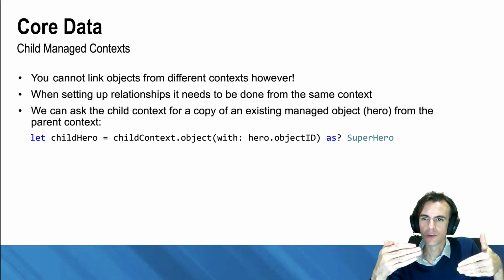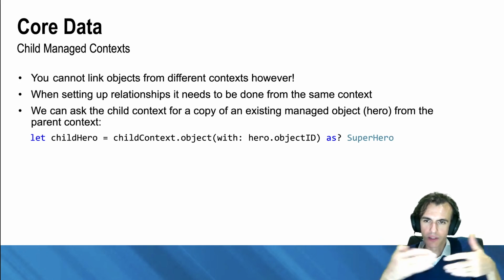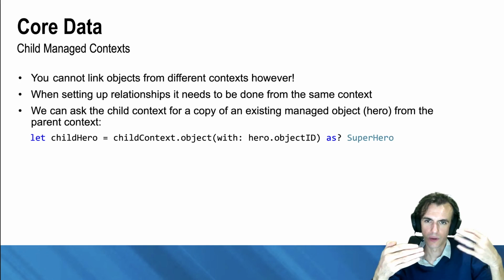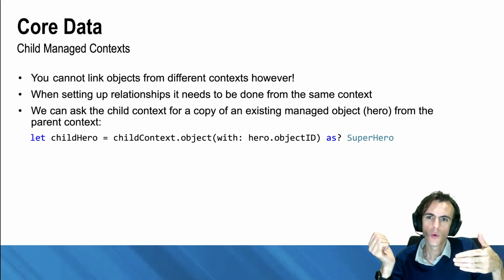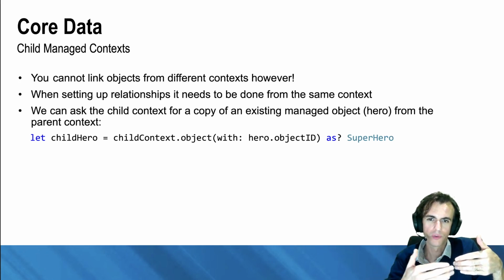What we can do is if we need to set up a relationship between two things and we need to link to a new object created in a child context, we can get a copy of any existing object that's in the main context but that is scoped to the child context.